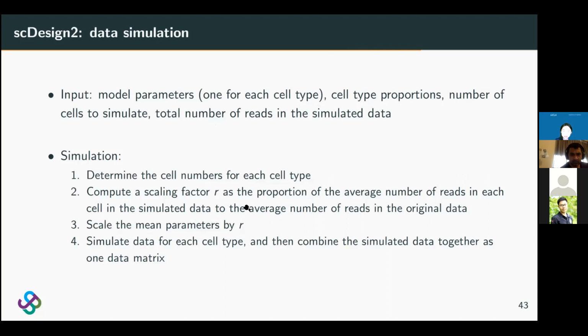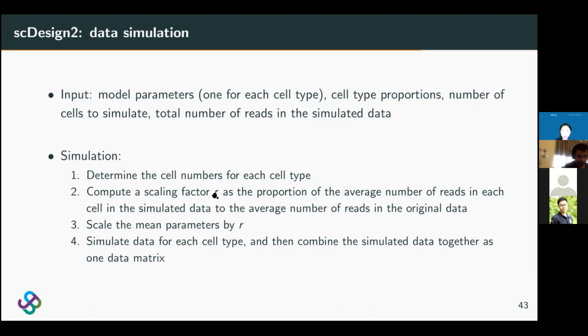And then we will determine a scaling factor for the number of reads. Because we fit the model to the original data, but the number of reads may be quite different in the synthetic data, given the user-suggested input parameter, we need to take that difference in scale into account in the scaling parameter.